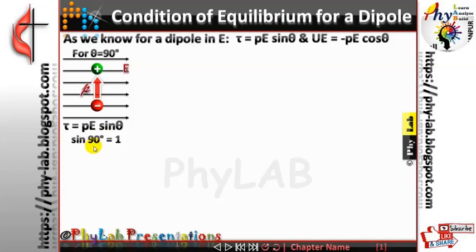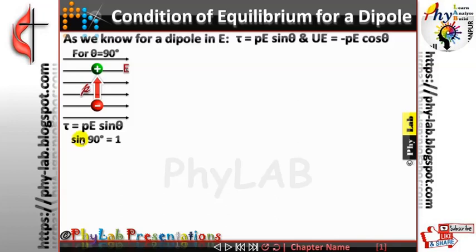I believe you are well aware of the trigonometrical functions, and you know that sine and cos functions are bounded functions whose values vary from -1 to +1. So the maximum value that the sine function can take is +1, friends.